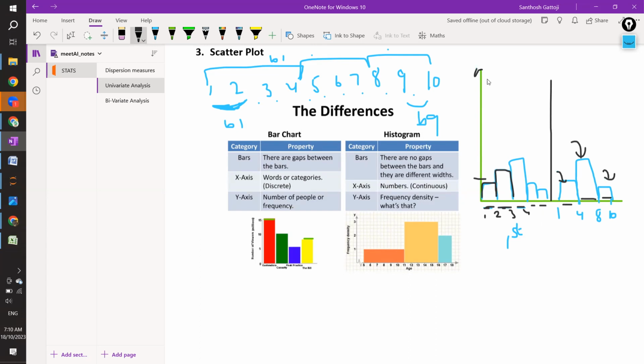Coming to the y-axis, which is frequency, you can clearly think that if you are having more bins, the number of values falling into each bin will be less, because there are so many options for each number to fall into. So the height of these bins will be a bit less when compared to this, because here you are having only 1, 4, 8.